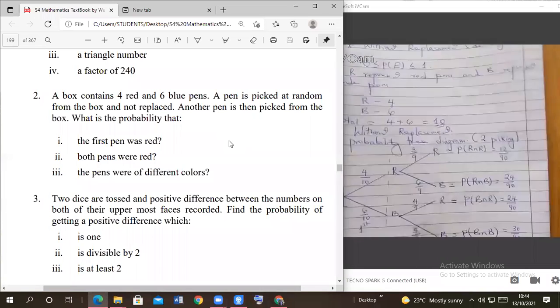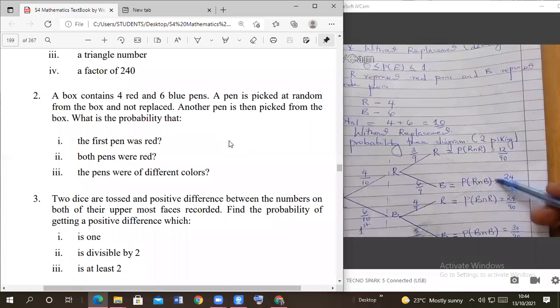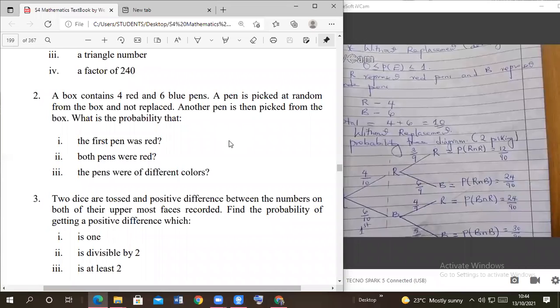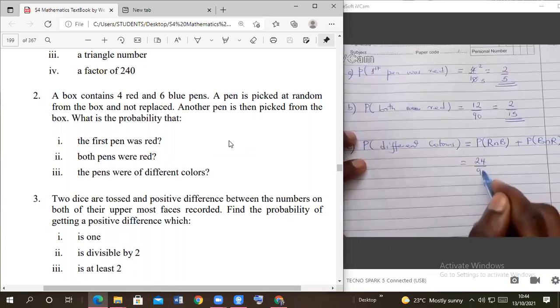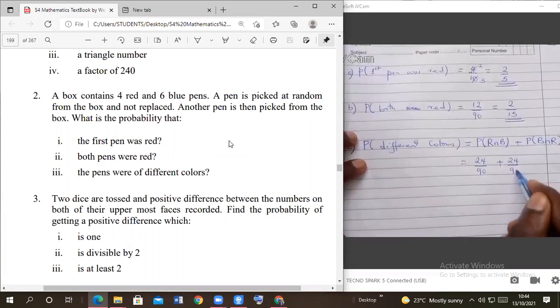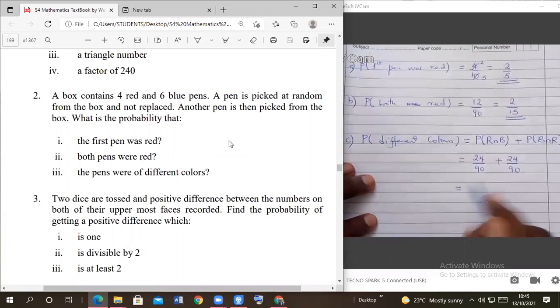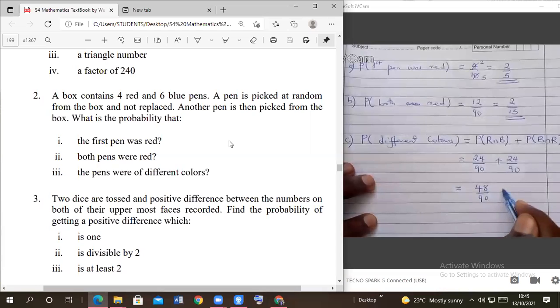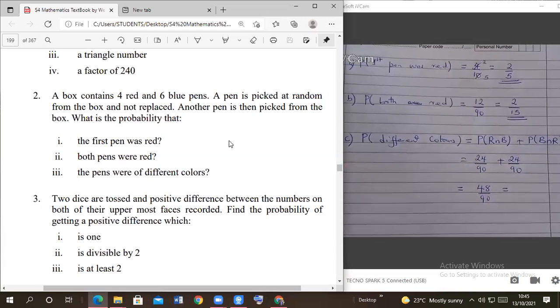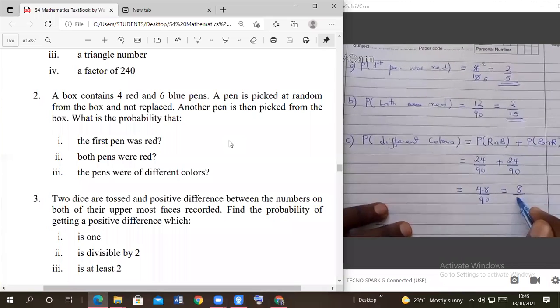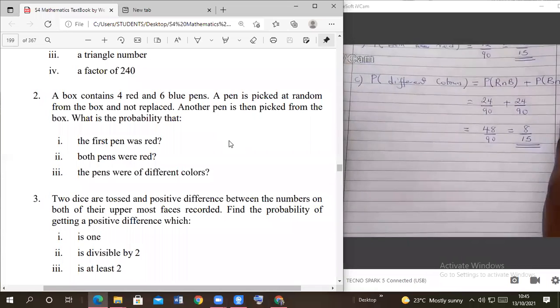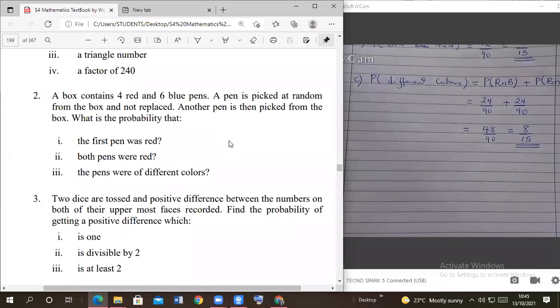So we shall have 24 out of 90 plus 24 out of 90. They have the same denominator, so I have 48 out of 90. If you simplify, it is 8 out of 15. Are we together?